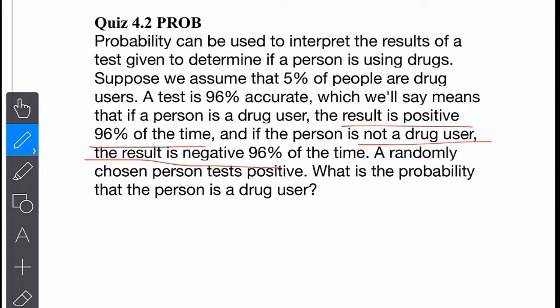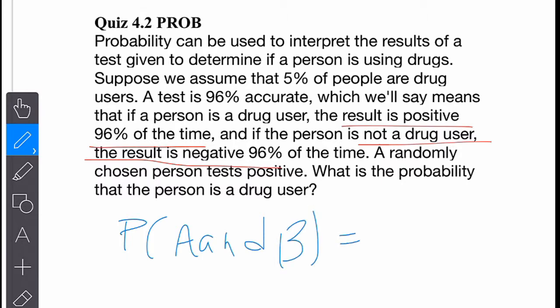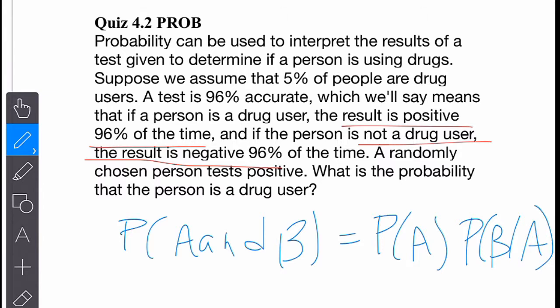What you need to do is extract the probabilities from here, and then work with what you have, and essentially you're going to count on the relationship that probability of A and B is computed as probability of A times probability of B given A. So this is what we're going to adopt, because we haven't heard anything here about them being independent events.